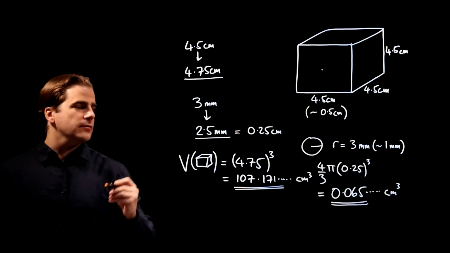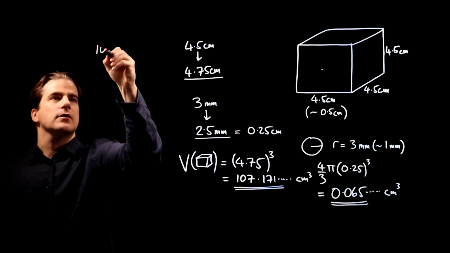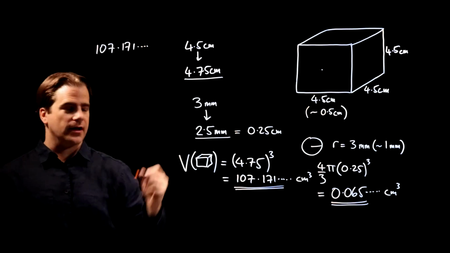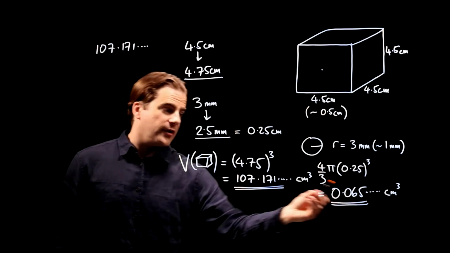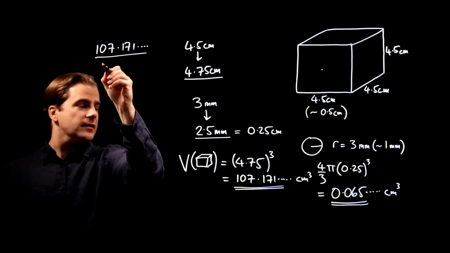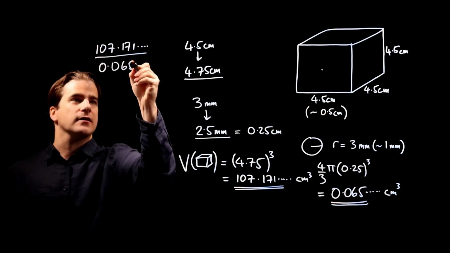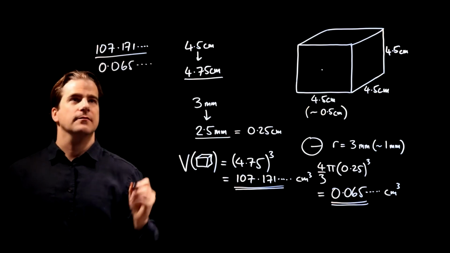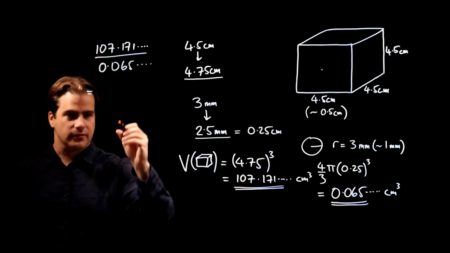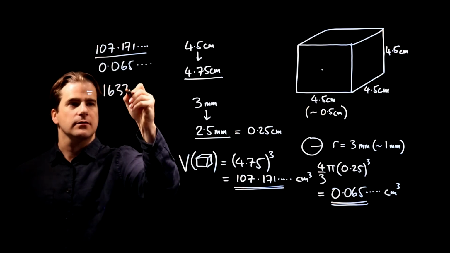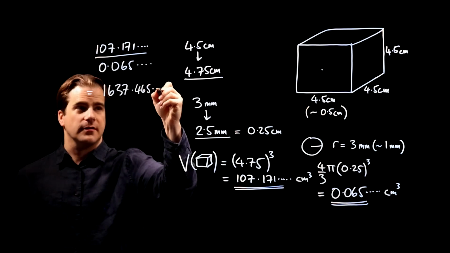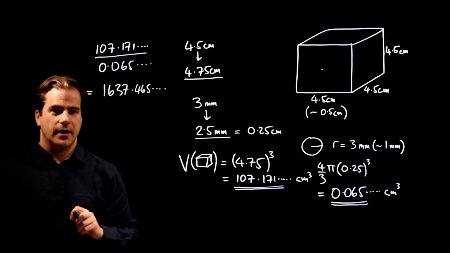So we do 107.171 whatever, dig it out of your calculator's memory, divided by 0.065 something something something, and you get 1637.465 something something something.